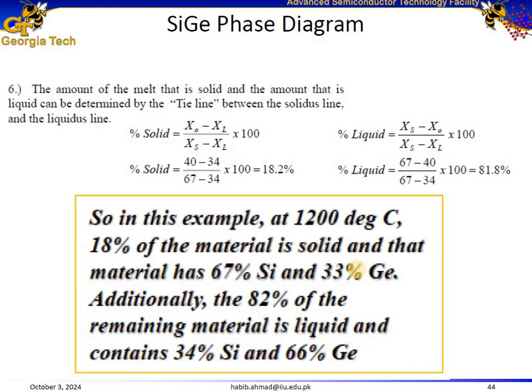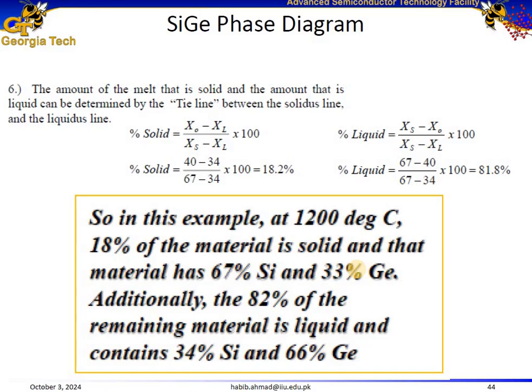Silicon germanium can be integrated into standard CMOS processes. CMOS stands for complementary metal oxide semiconductors. Integration in CMOS technology is more challenging for other materials like gallium arsenide, but it can be done for silicon germanium. So this makes silicon germanium ideal for modern chip design without the need for specialized equipment.